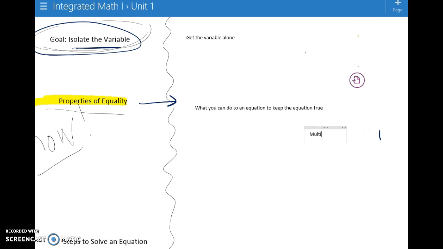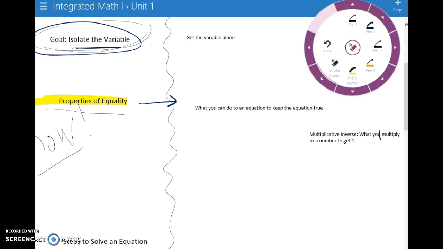A multiplicative inverse is what you multiply to a number to get 1. So if I have a 3, and this is where we want to watch our fractions, 3 times what would give me 1?